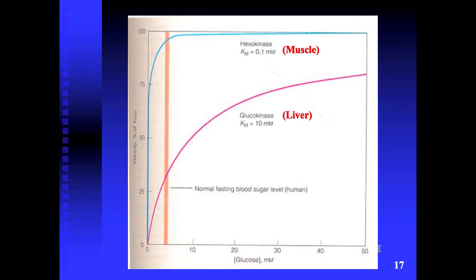Because it has a low Km but a high affinity. That means even if glucose concentrations are low, that enzyme can still phosphorylate it to glucose 6-phosphate. Even in fasting, that enzyme works pretty well. And why would that be important? Where's hexokinase predominantly? Muscle. So even in fasting situations, muscle fibers can phosphorylate and trap glucose 6-phosphate. That means even in fasting, they can get energy from glucose.